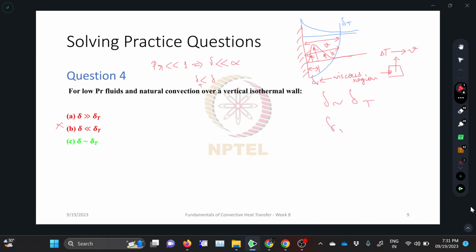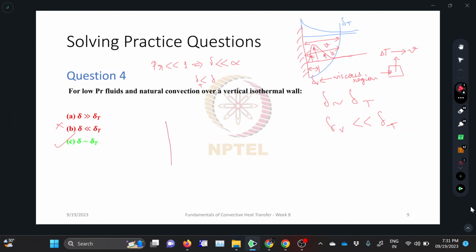This delta V is now much less than delta T. But the hydrodynamic boundary layer itself is comparable to the thermal boundary layer, because wherever the fluid got heated up even by a little bit, it will experience a buoyant force and try to move up. That's why option C would be the correct answer in this case.